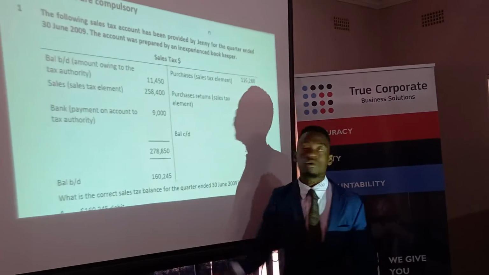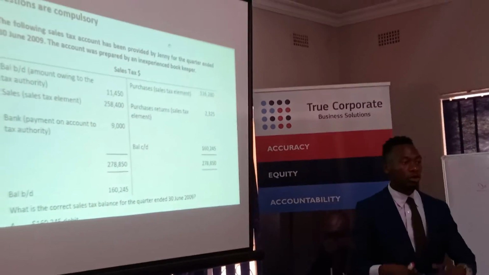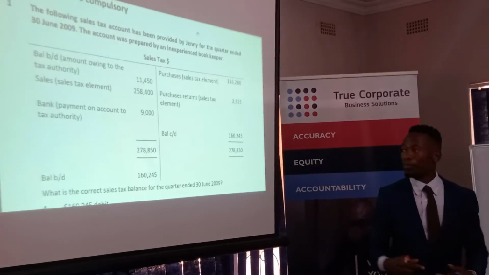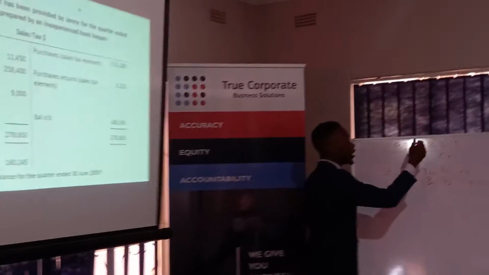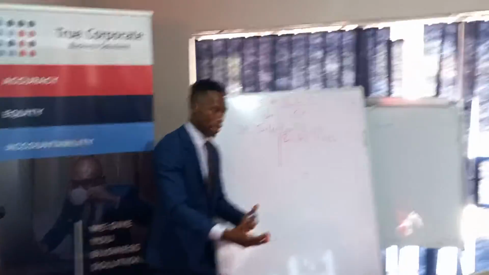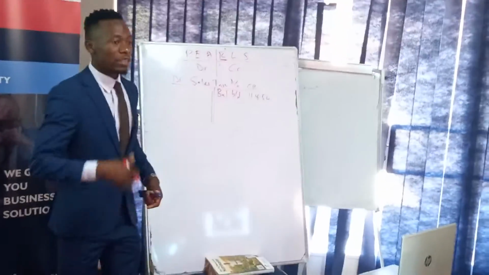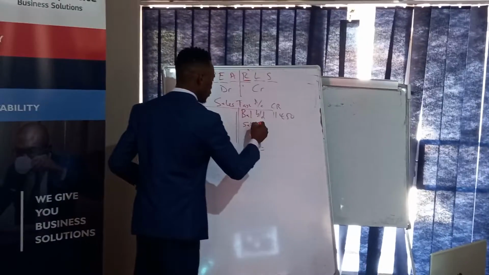It's what? 258,400. But is it correct to record it on the debit side? It's not correct because remember the sales. Remember your PELs, the R for revenue. All revenues, the incomes like the sales, they do have a credit side. Therefore, the sales tax element should be on the credit side, right?